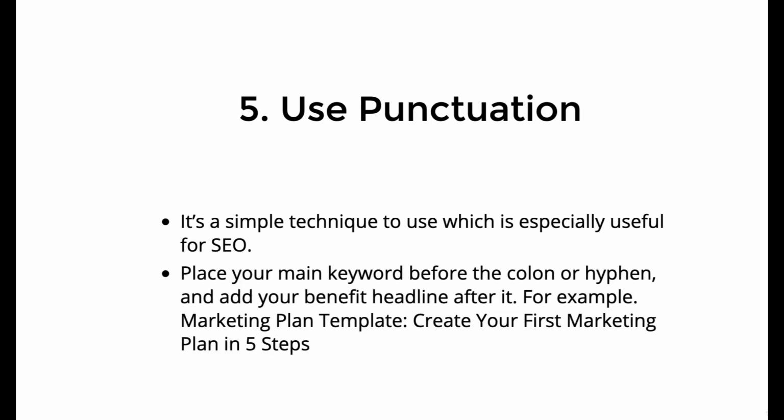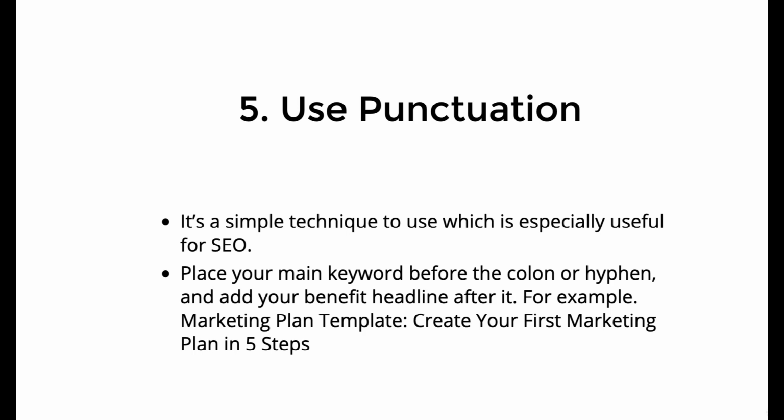So here's an example. If you want to rank for the keyword marketing plan template, the title of your blog could be: Marketing Plan Template: Create Your First Marketing Plan in 5 Steps. So that's going to give an advantage in terms of SEO, because the keywords are at the start of the title.